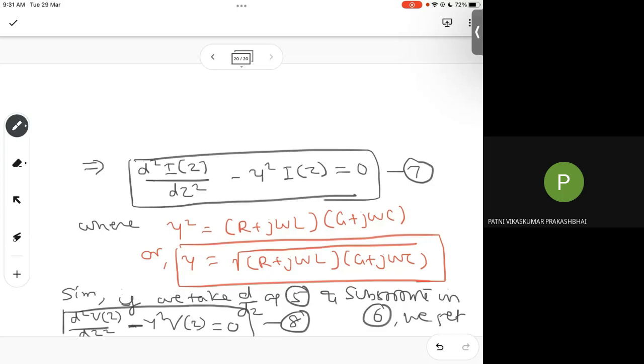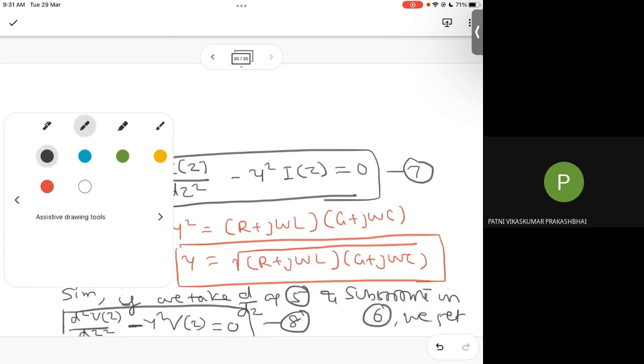This gamma is dependent upon the frequency omega, which is 2 pi f, and also depends upon all four parameters R, L, G, C, which are the equivalent circuit of a transmission line. This parameter is what we call the propagation constant.